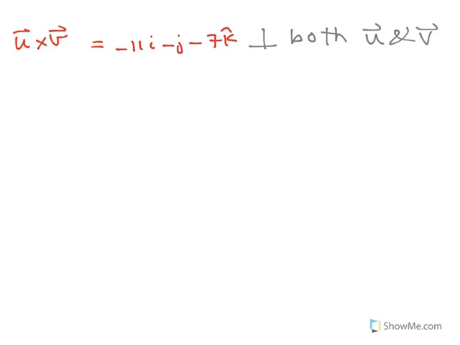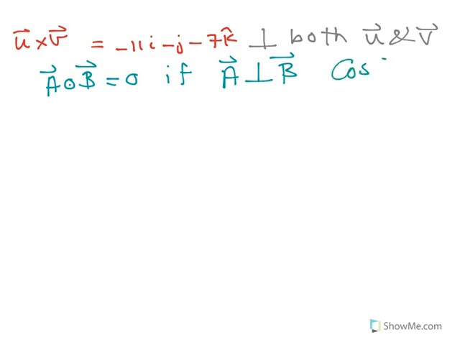So I'm going to use this to my advantage. I know that, for example, A dot B equals 0 if A is perpendicular to B, that means theta is 90. So I'm going to find the dot product, and if it's equal to 0, that means it's orthogonal, right?